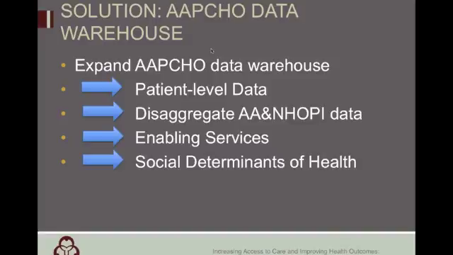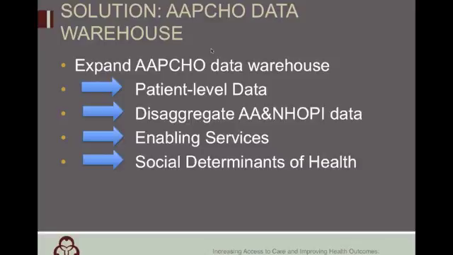And third, as AA&NHOPI serving health centers, we really need to document all the unique and additional enabling services provided by our health centers, as well as the effectiveness and value of these services, so that we are given credit and adequate resources for these services. Our report clearly showed that AA&NHOPI serving health centers require and expend higher FTE resources to cover the cost of these enabling services.